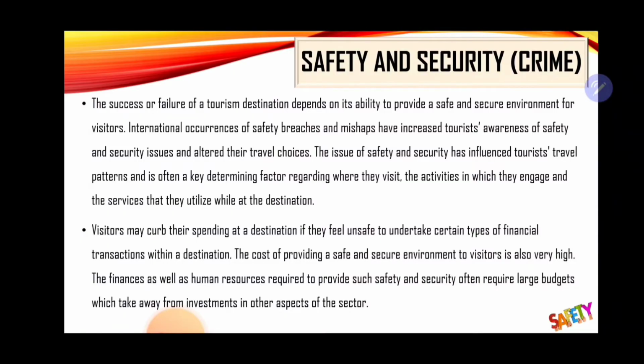Now, cost of providing a safe and secure environment. The cost of providing a safe and secure environment to visitors is also very high.